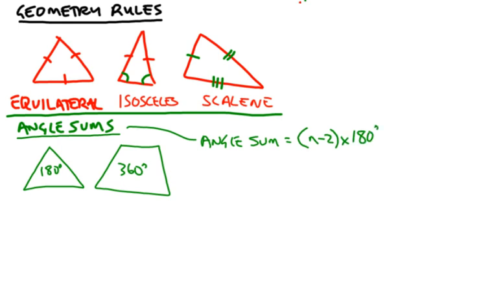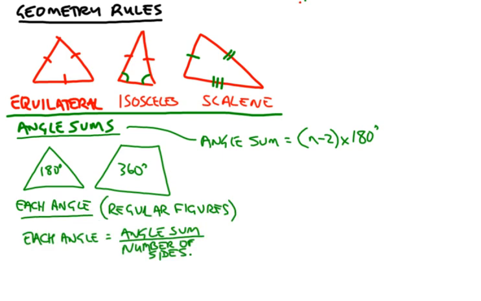So that's the angle sum of any polygon. Whether it's a 10-sided figure, you'd put a 10 in for the n and work out the angle sum. So we've got angle sum happening there.